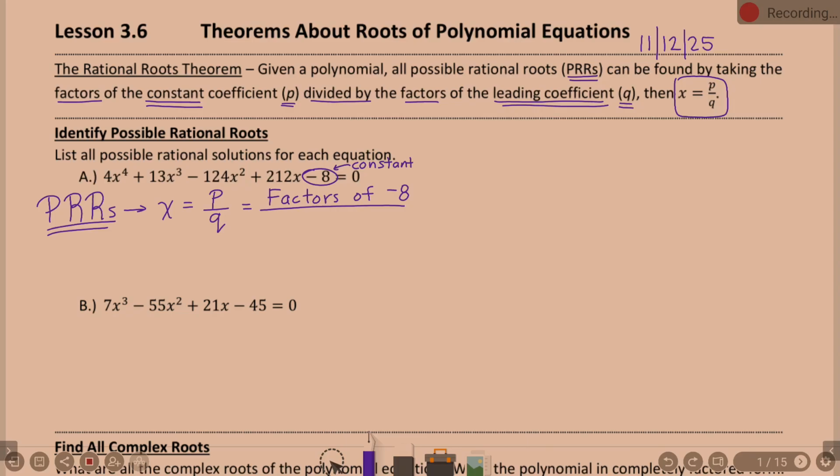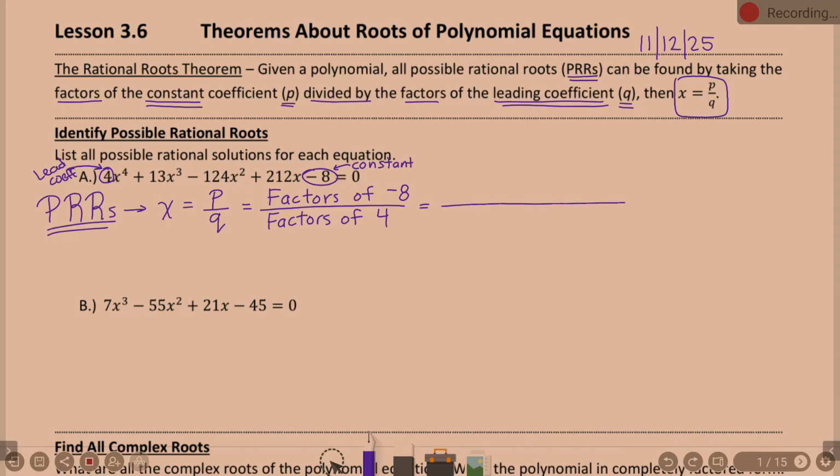It's factors of the leading coefficient. My lead term is 4x to the 4th. The leading coefficient is the 4 out front, so that is my leading coefficient. That means on the bottom we're going to be doing factors of 4. So factors of -8 over factors of 4 is what we're looking at.